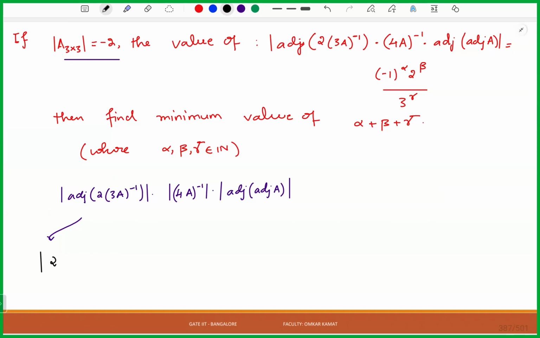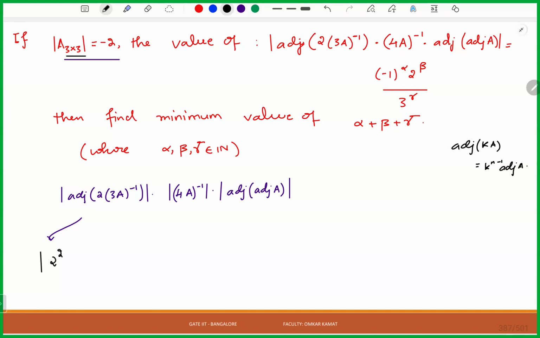We learned the property that adjoint of K times A will be equal to K to the power of n minus 1 times adjoint of A. Correct or no?